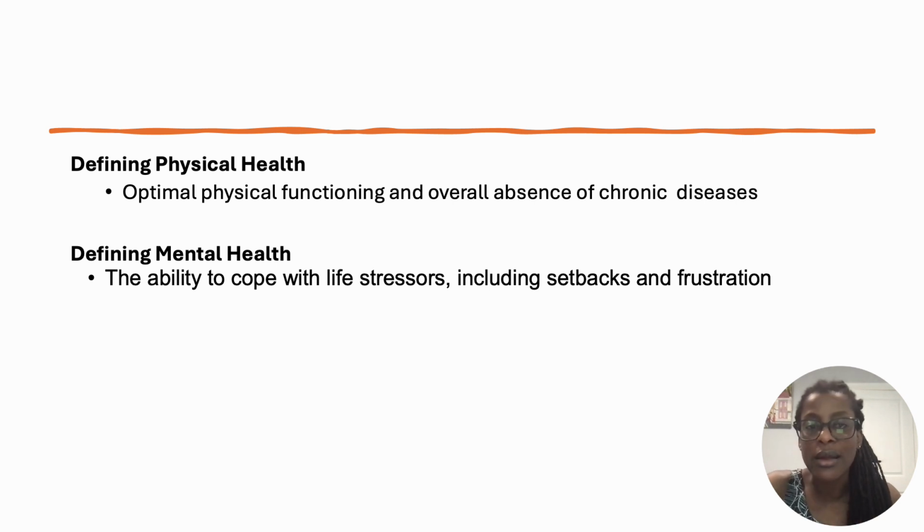So why do we care about mental health in public health? This is because physical health and mental health have a bi-directional relationship, meaning that one impacts the other.